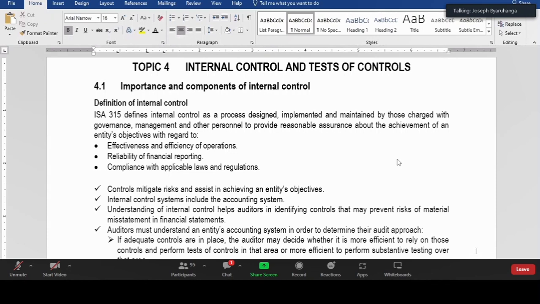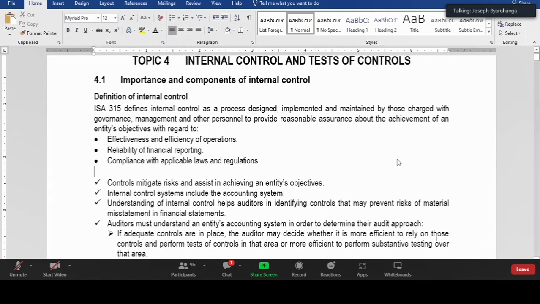We are still on ISA 315, which we looked at in topic 3. ISA 315 defines internal control as a process designed, implemented, and maintained by those charged with governance, management, and other personnel to provide reasonable assurance about the achievement of the entity's objectives with regard to effectiveness and efficiency of operations, reliability of financial reporting, and compliance with applicable laws and regulations.